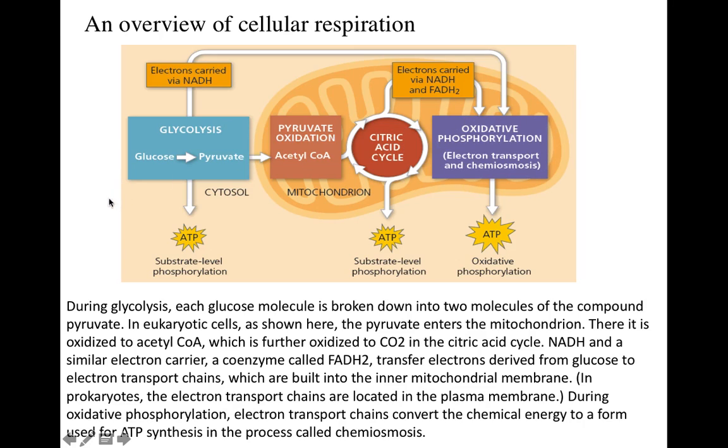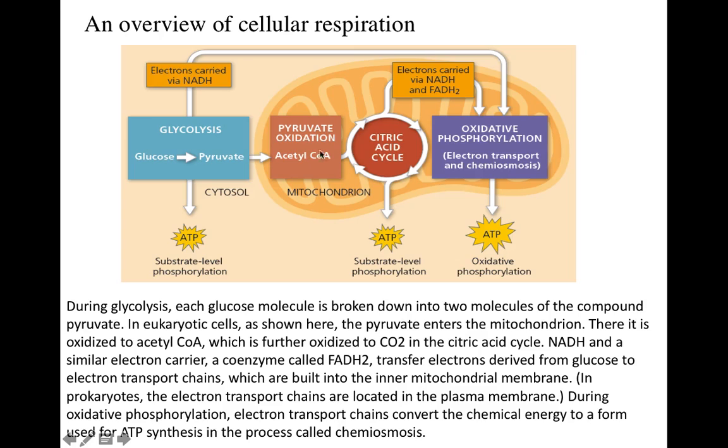Now we have these four sections. The first section is glycolysis, which takes place inside the cytosol, where glucose is converted into pyruvate. Then pyruvate is transported into the mitochondrion, and all the rest of these three steps take place inside the mitochondrion. The first one is oxidation of the pyruvate, which was imported into the mitochondrion.